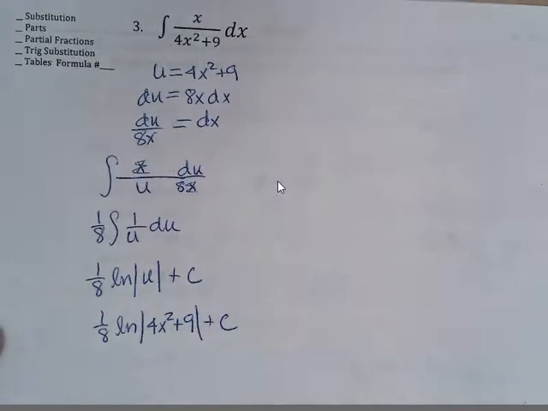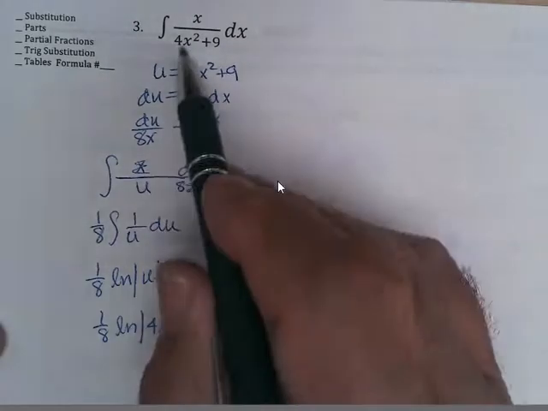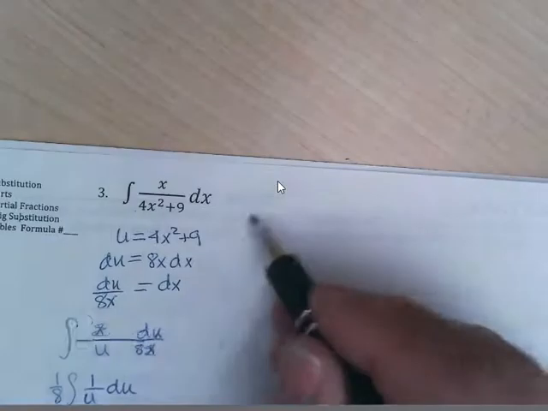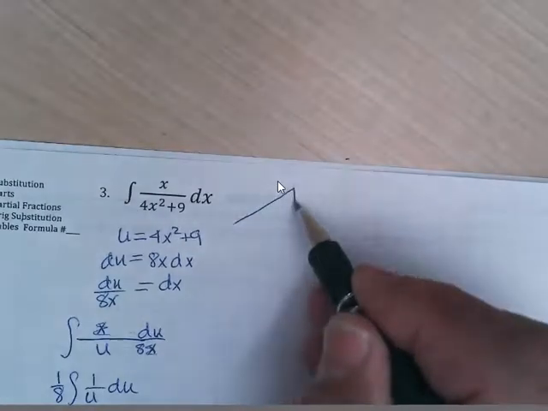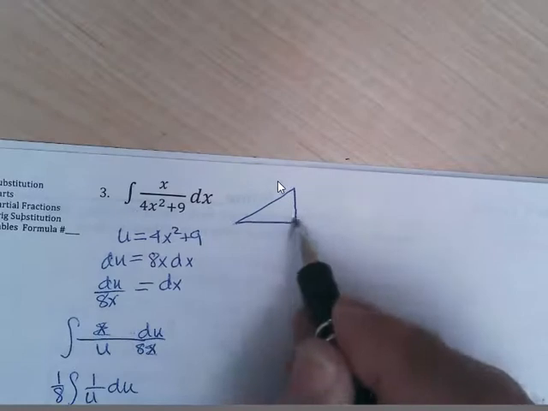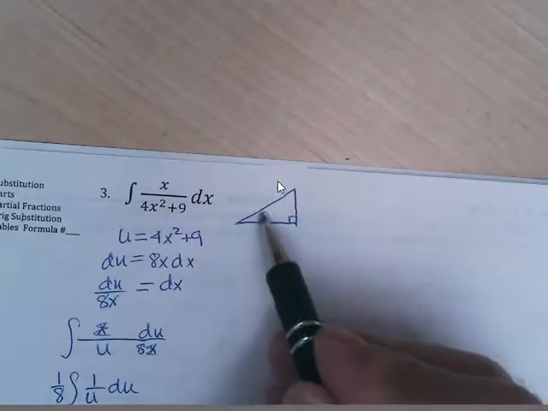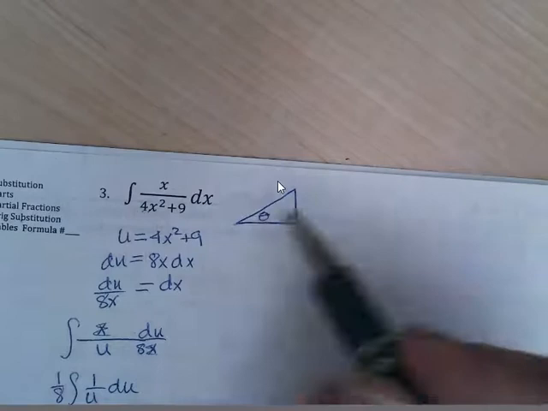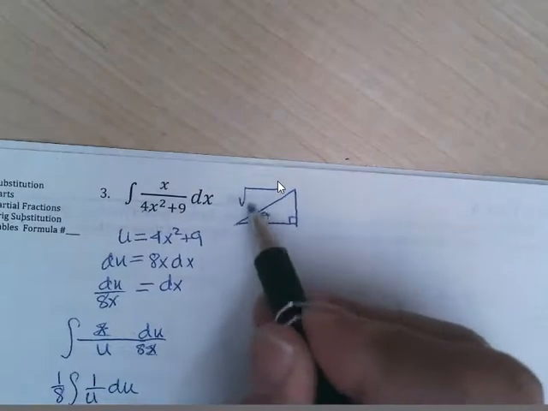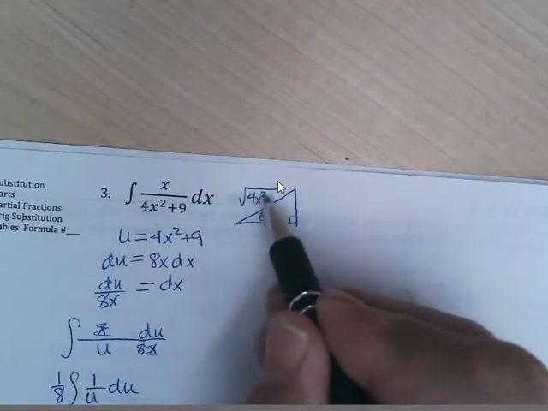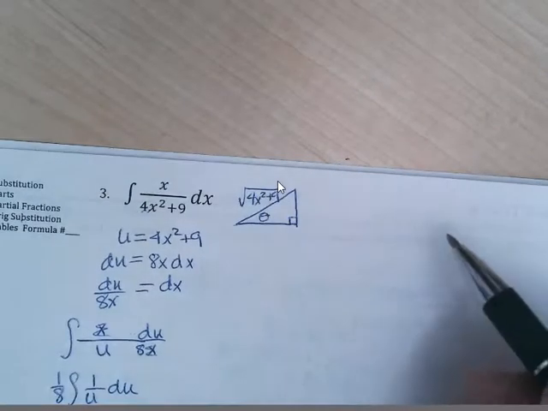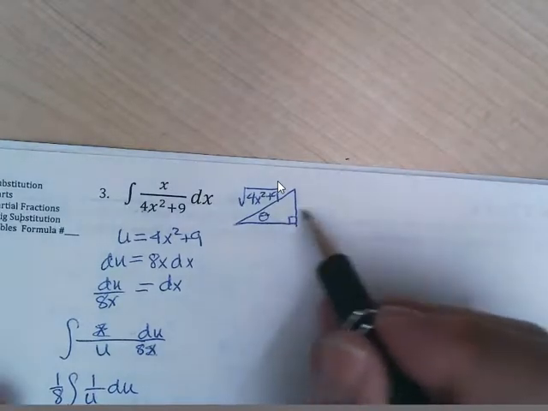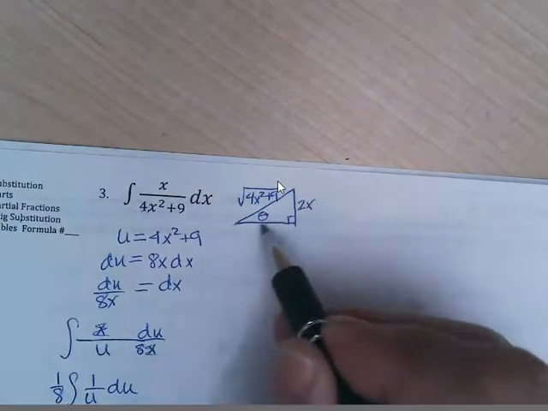So that's pretty easy with substitution. It could also be done with trig substitution. So if we do a triangle on this one, to get addition, we'd want the square root of 4x squared plus 9 on the hypotenuse, which means we'd probably want to put a 2x and a 3 here.